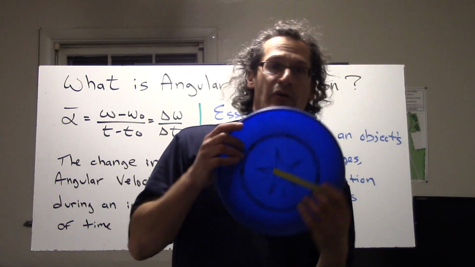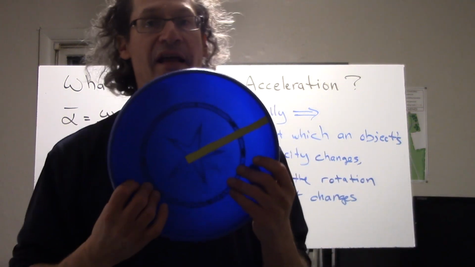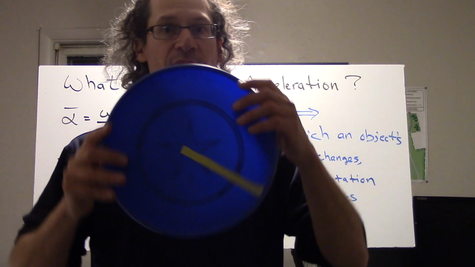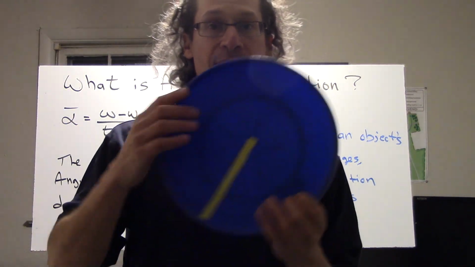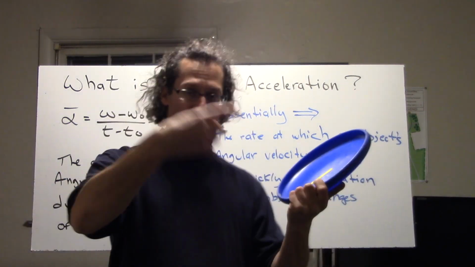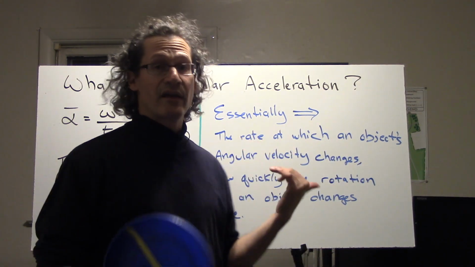So how quickly that omega changes. Suppose your car is at rest and you start off slowly, and as you build speed, the rotations get faster and faster. So as you hit the accelerator, the wheel begins to change its angular velocity. That's what the angular acceleration is.